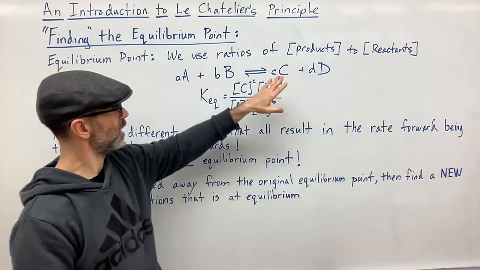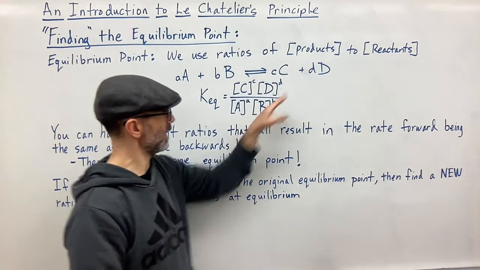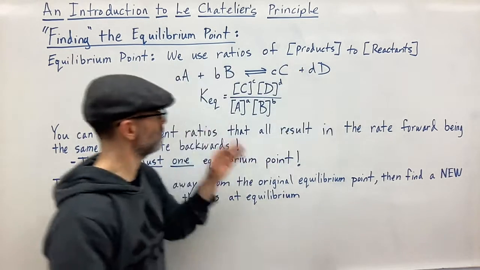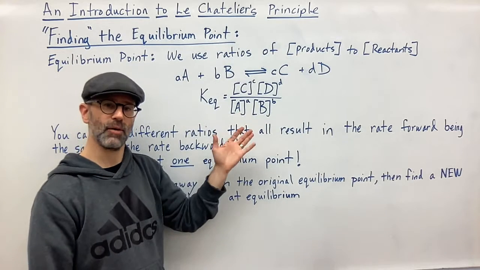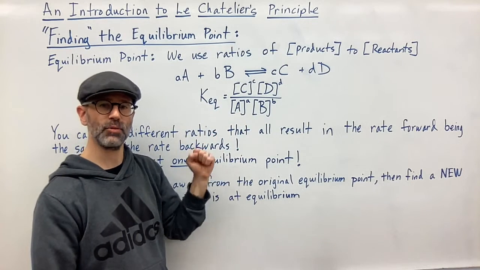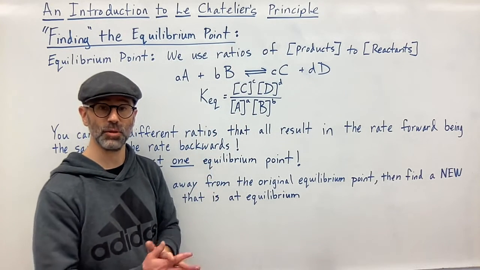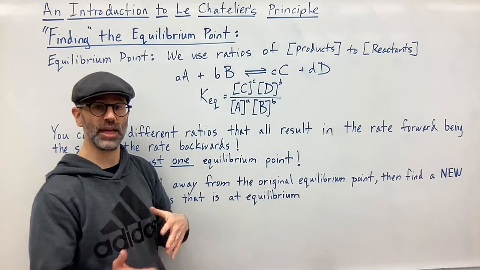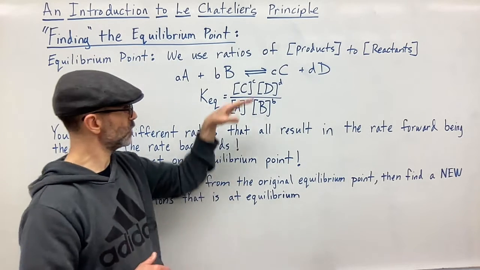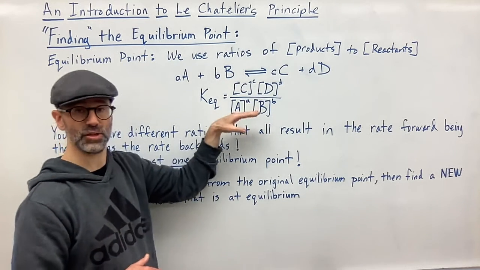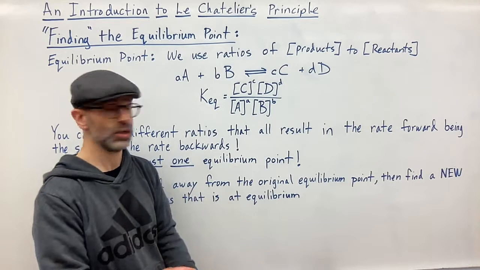So basically it's products over reactants. That's the main thing I want you to understand and keep in mind when you're thinking about Le Chatelier's principle, because it's all about changing and fluctuating these concentrations to reach that equilibrium.